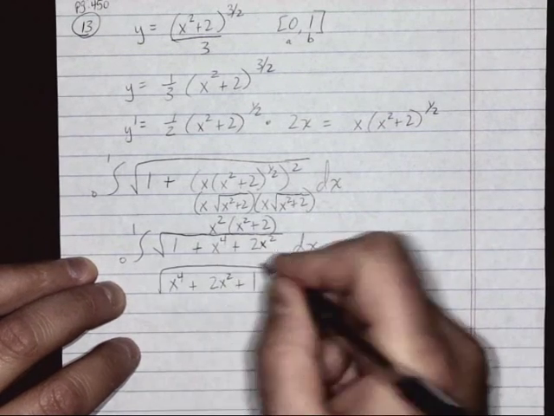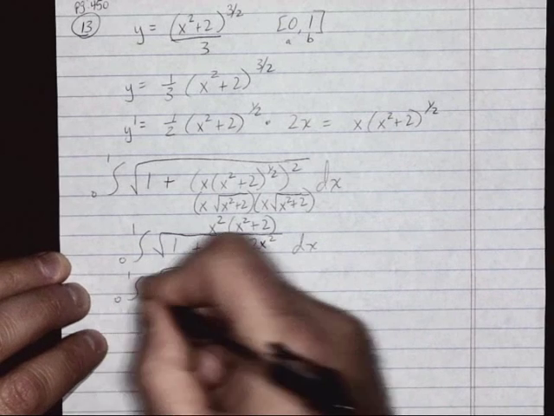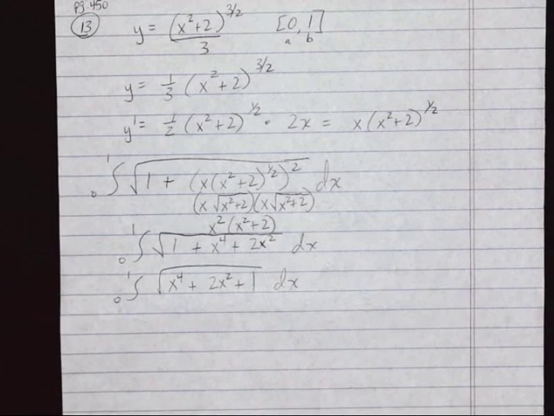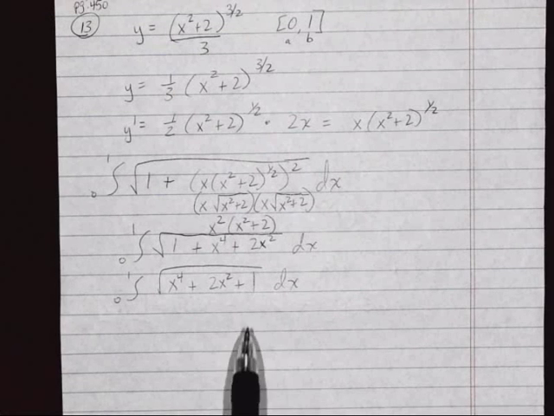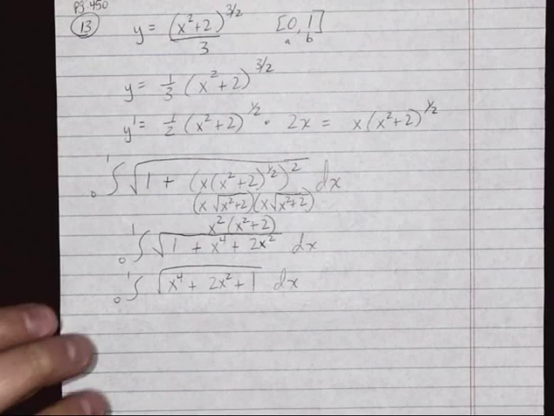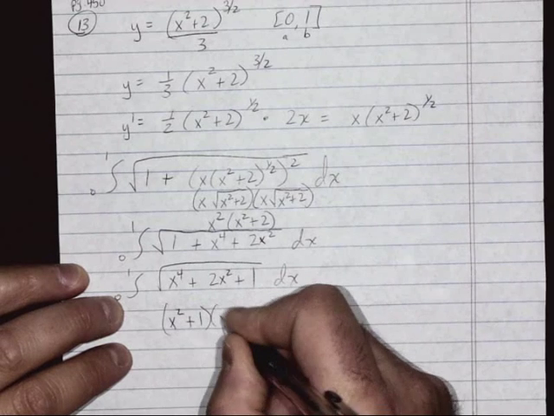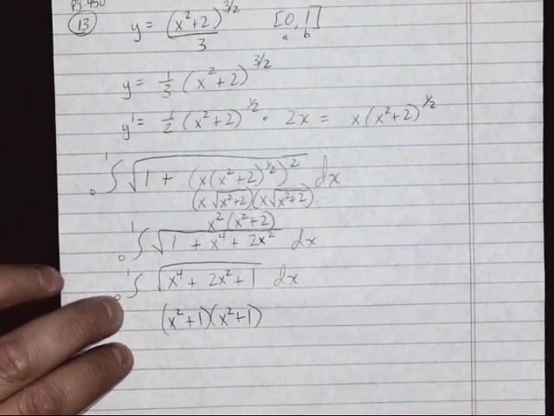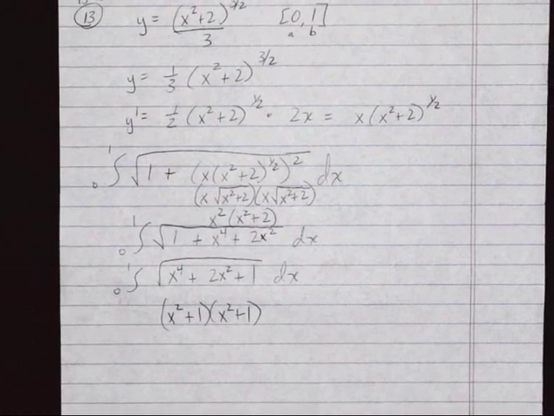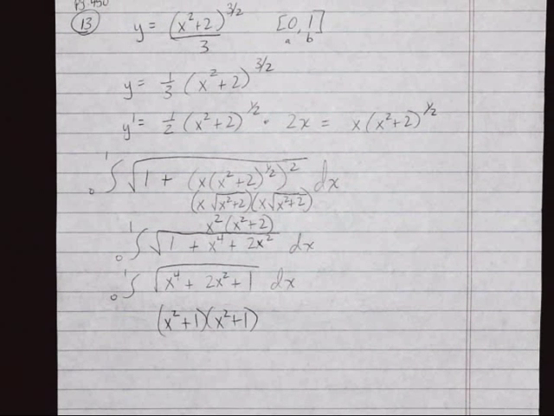Alright, so I'm going to write this so it's in standard form, which might make it a little bit easier for me to see the integration. So I see I've got a 1 and an x to the 4th, so automatically I'm thinking x squared plus 1 times x squared plus 1. Obviously I want the factors to be exactly the same, so I can then get something to the second power.